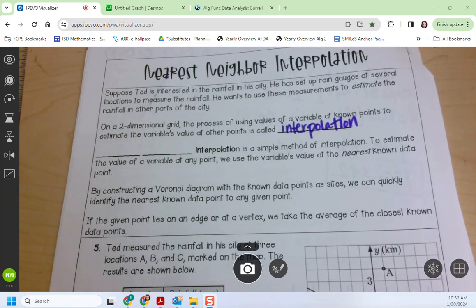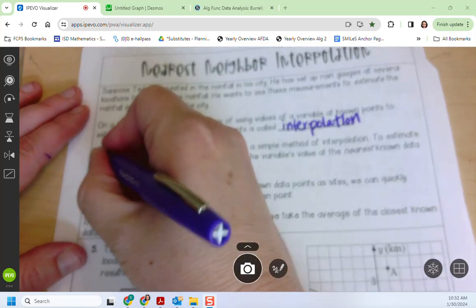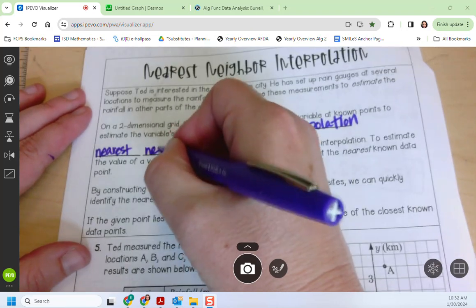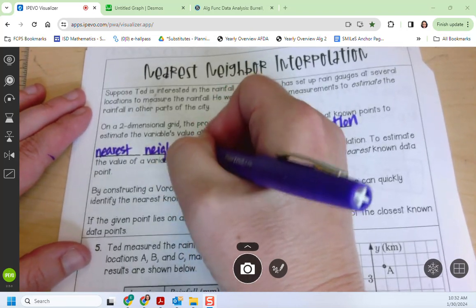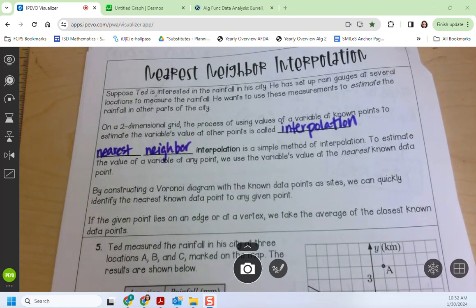And we're going to be doing a special kind of interpolation called nearest neighbor interpolation, which is a very simple method that's going to use these diagrams.